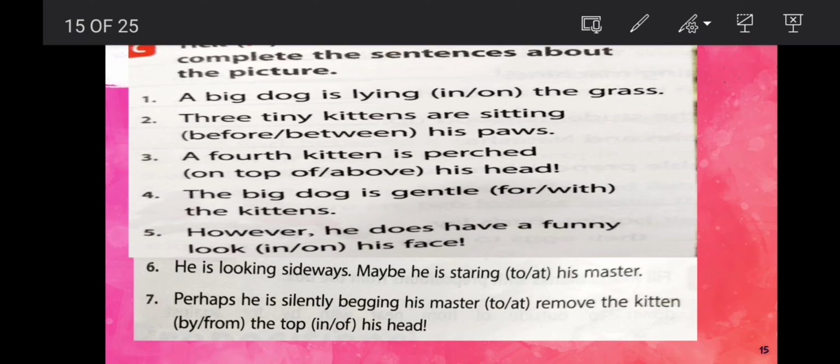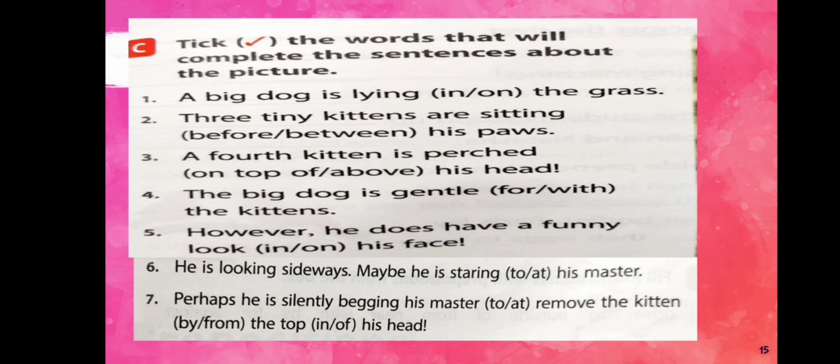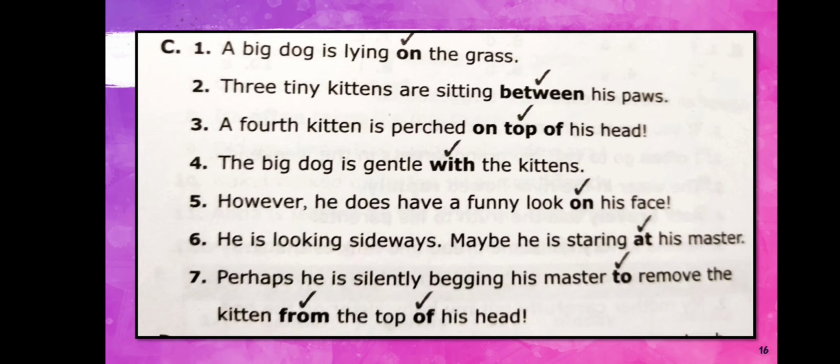With is the answer. With the kittens. However, he does have a funny look in or on his face. However, he does have a funny look on his face. You can do the exercise number 6 and 7. And you can check the answers now.